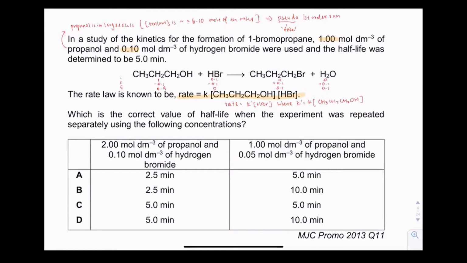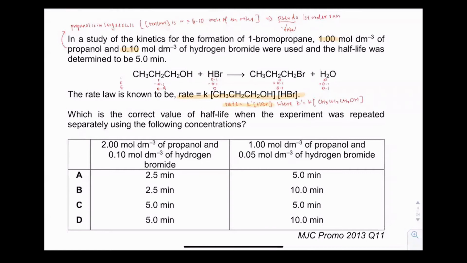This is why we can write the rate equation this way. This is known as a pseudo first order reaction because at first glance it looks like a first order reaction, but in actual fact it is second order, just that it looks first order because you have your propanol in large excess.